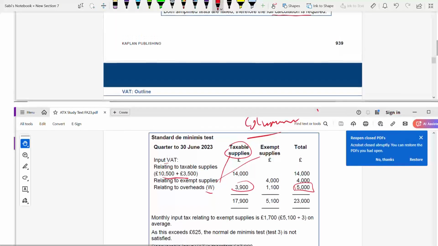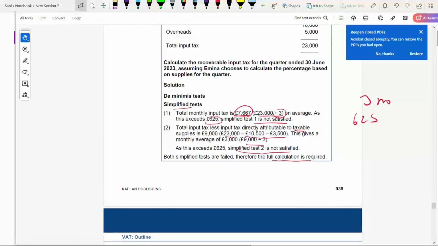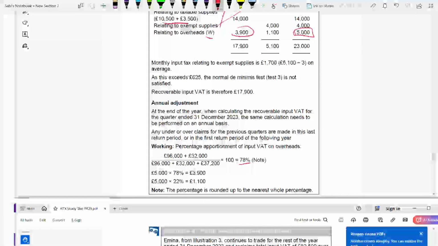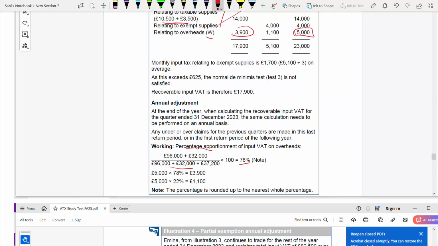So you have to find total taxable supply over total. You need this figure. 96 and 32, and total will be this, and taxable will be only this too. You have to add 96 and 32. So you see 96 and 32 over the total into 100. It is 78%, rounded to the whole percentage.